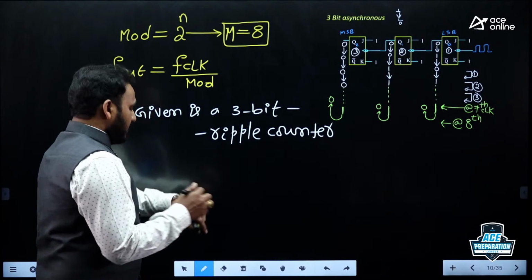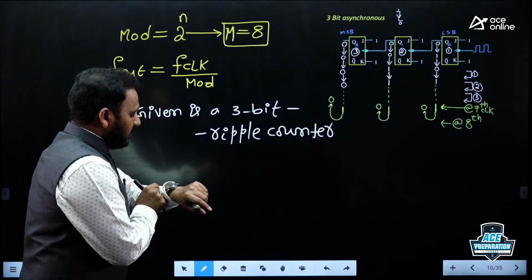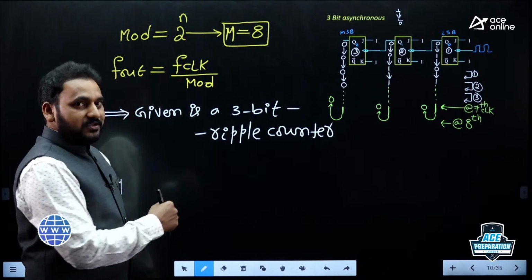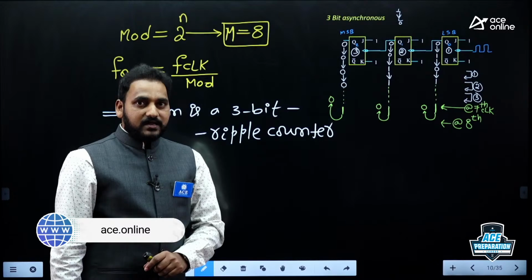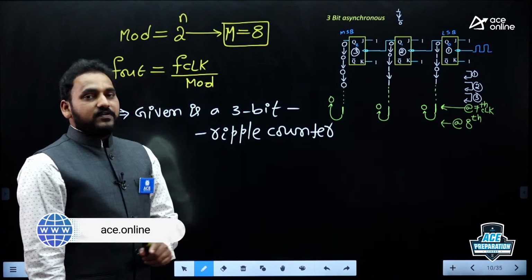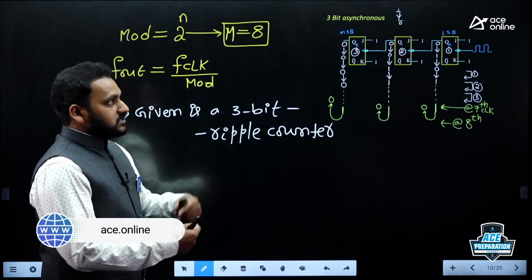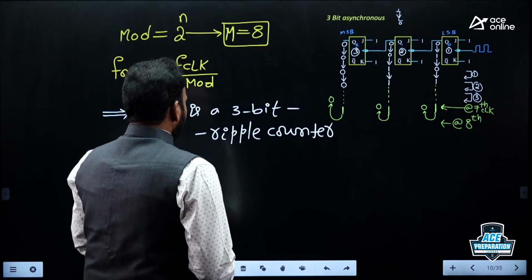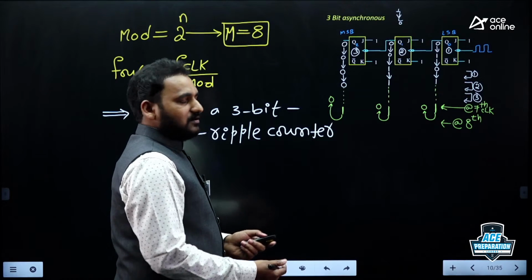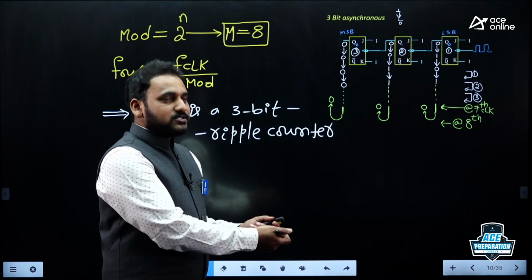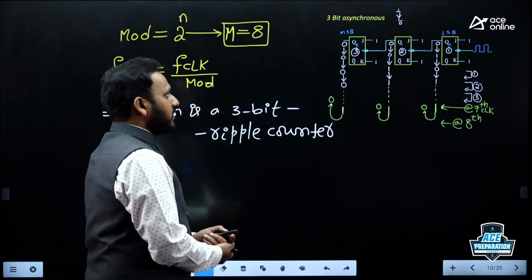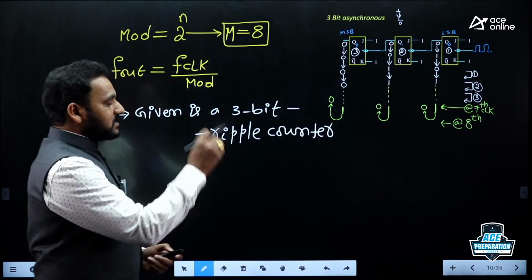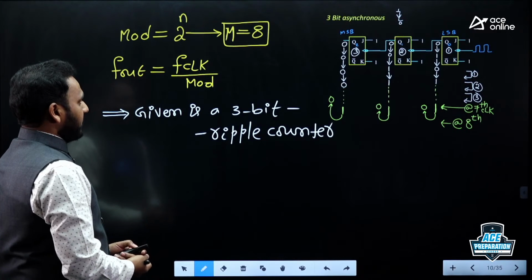First I should explain the mod 10 counter, then I will talk about the relation: why you need 4 flip-flops for a mod 10 counter, and why we can't get it by using 3 flip-flops. That is the correct place for that formula.